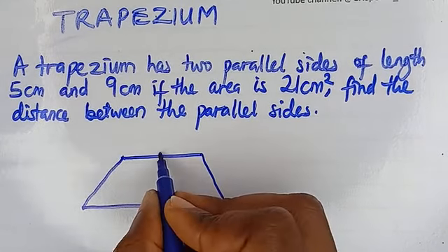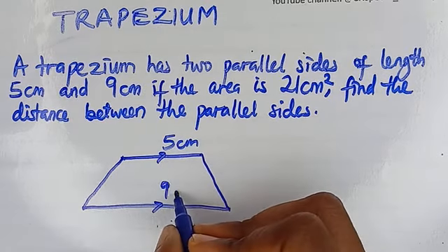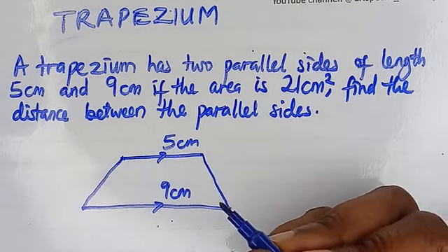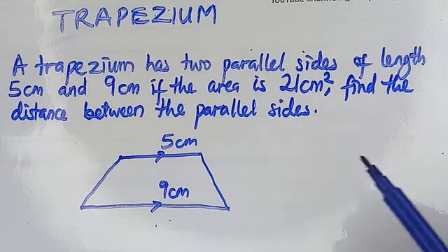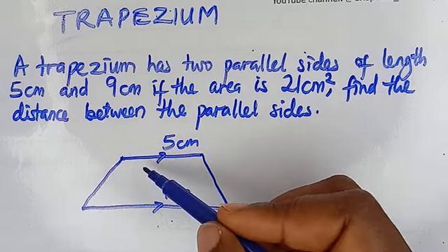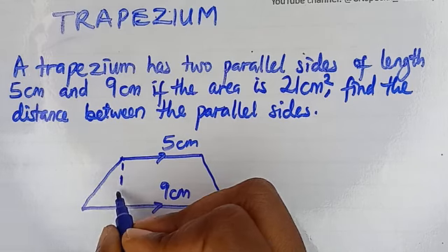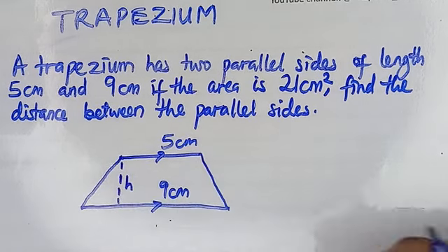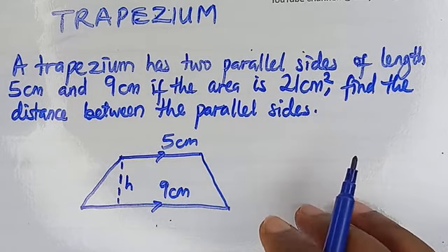These are the parallel sides, right? The shorter side is 5 cm, the longer side is 9 cm. The distance between the parallel sides is actually asking for the height of this trapezium, right? And we've been given that the area is 21 cm squared.